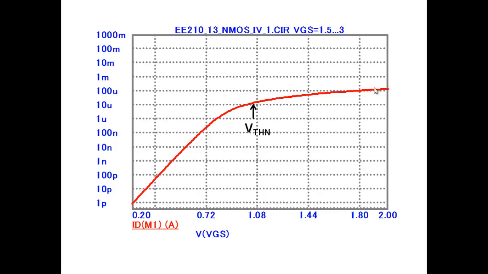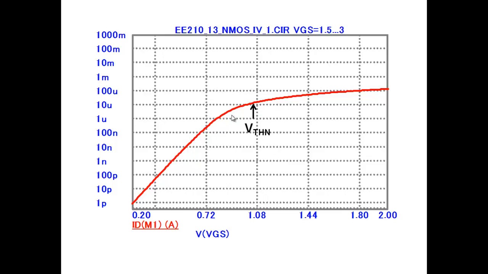Note that this is our saturation region where the current increases quadratically. A quadratic increase in current on a log scale appears as if it's not increasing much. But below VTN, look at how the current is changing. There's a transition region here, but then the current is a linear line on a semi-log plot, which indicates it's exponential.